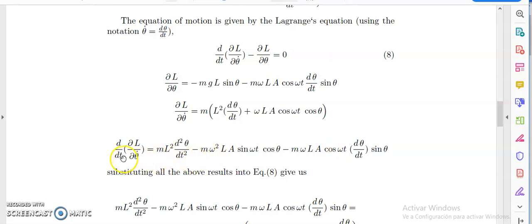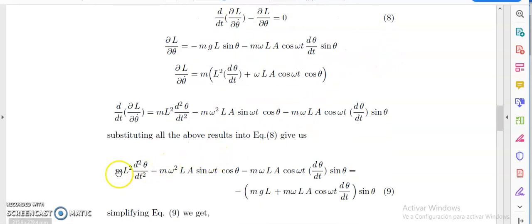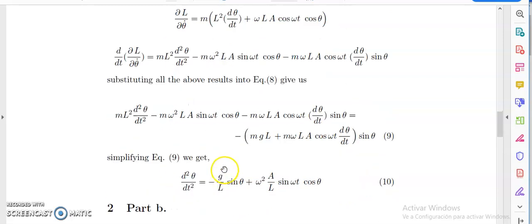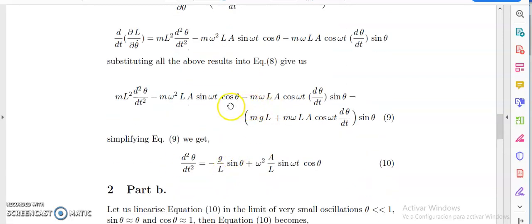Now we put together all these results into equation 8, and we get a long equation. But as we can see, this term cancels with this term, and after some little algebraic manipulation, we get this equation.